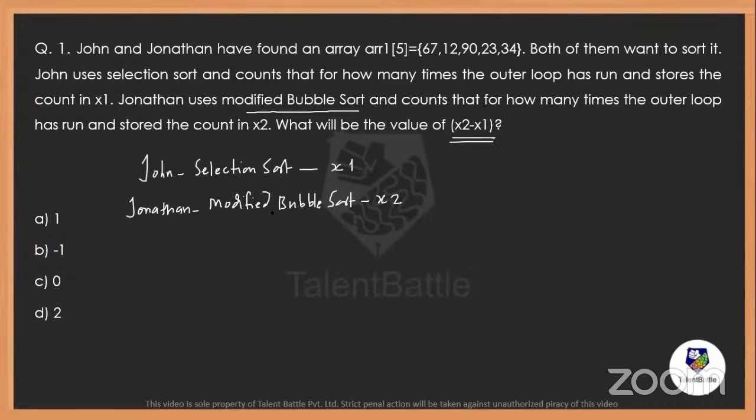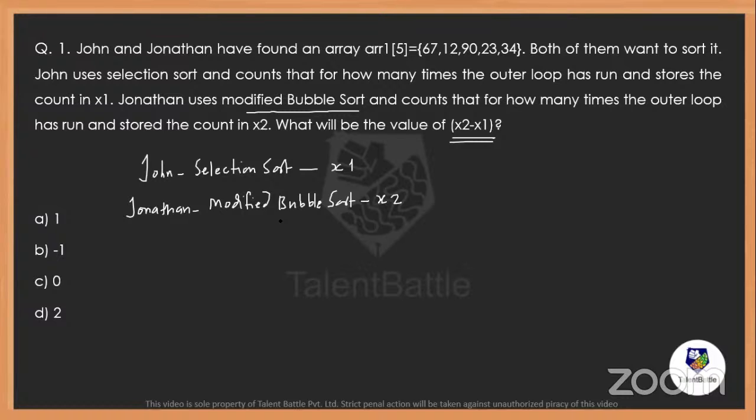Now, for selection sort and modified bubble sort, you need to understand how exactly these sorting algorithms work. In selection sort, the outer loop will iterate over the array to find the minimum or maximum element and swap it with the current element at every iteration. This is the working mechanism of selection sort.